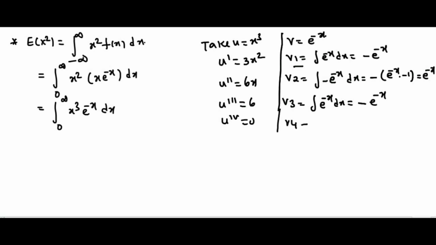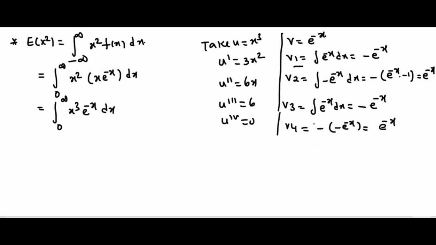What is v4? v4 is the integration of e power minus x, that is e power minus x. If you integrate this function, we get this value.